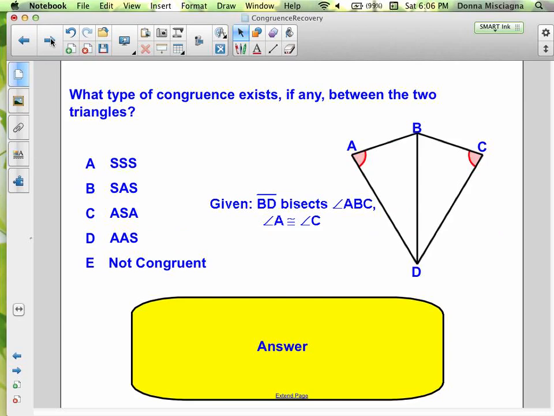What type of congruence exists, if any, between the triangles? We're given that BD bisects angle ABC.